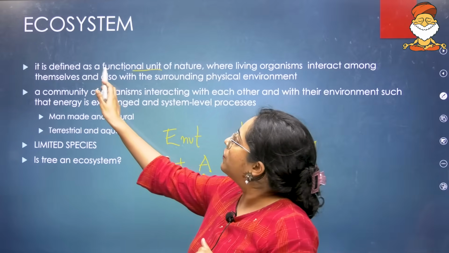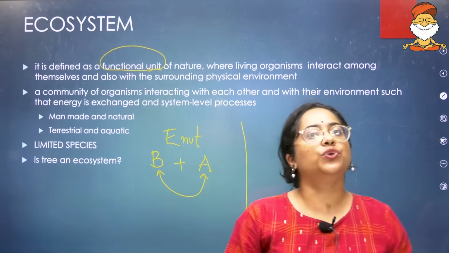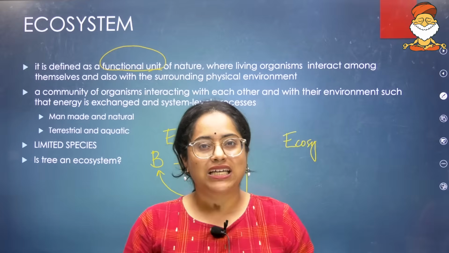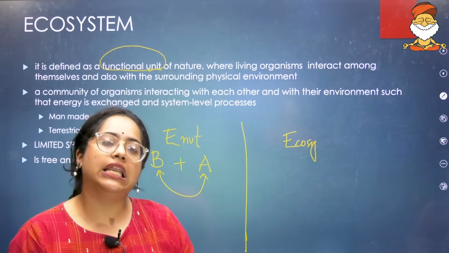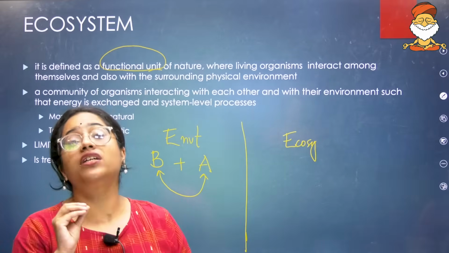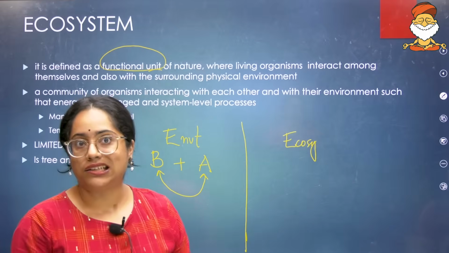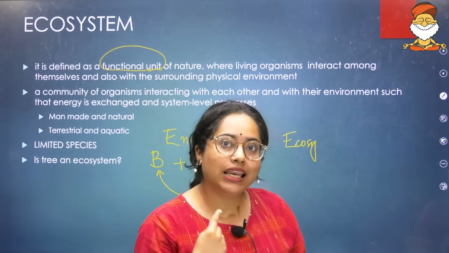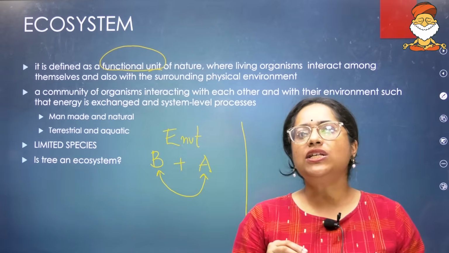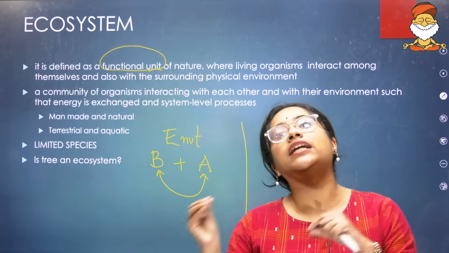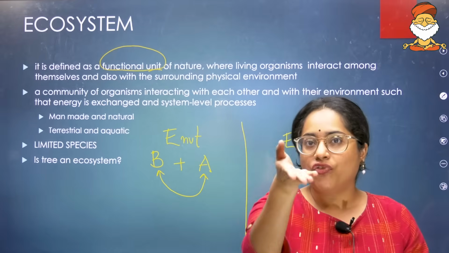An ecosystem is always defined as the functional unit of nature. Whenever you see anything defined as a functional unit, understand you are defining it based on the different activities that are happening over there. For example, function.